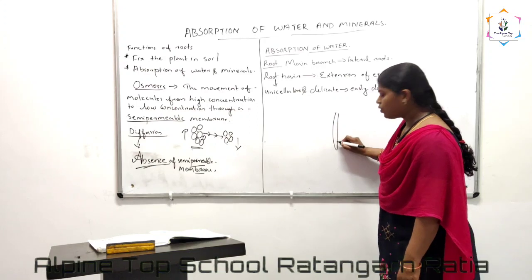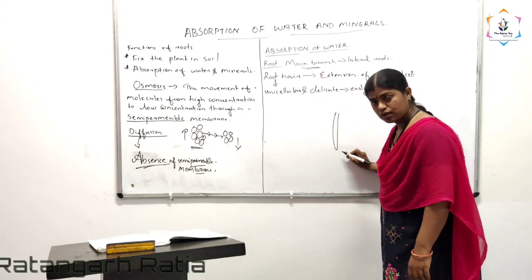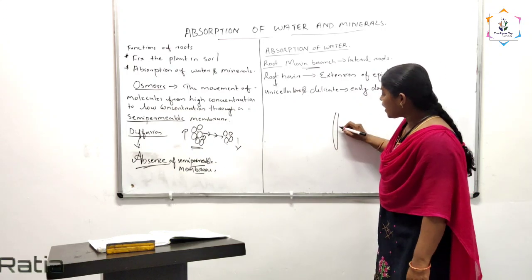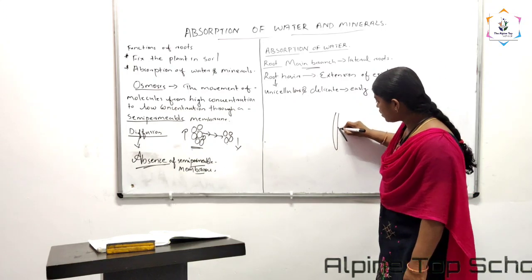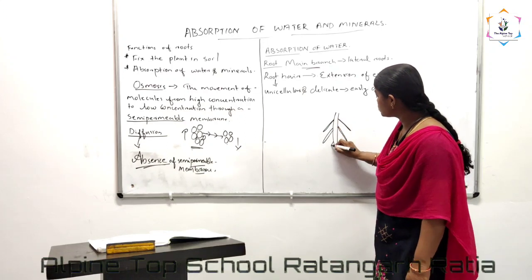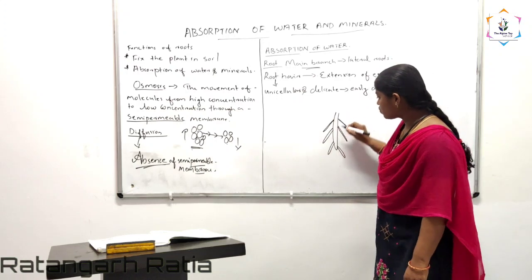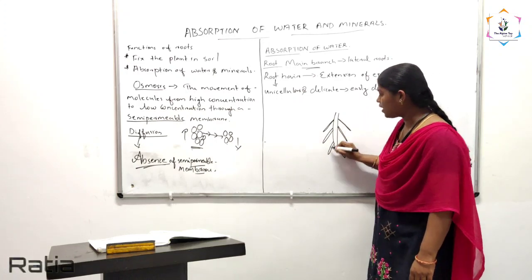Okay, this is a single root and we can call it the main branch of the root, and the main root has so many lateral branches.